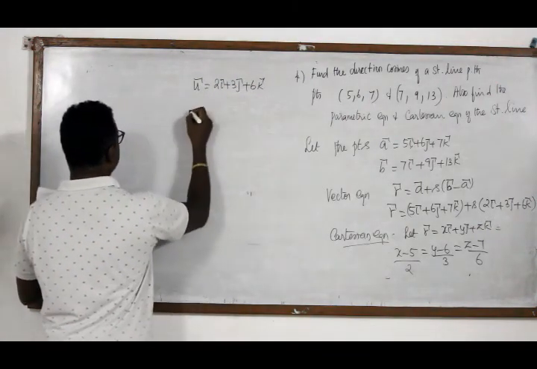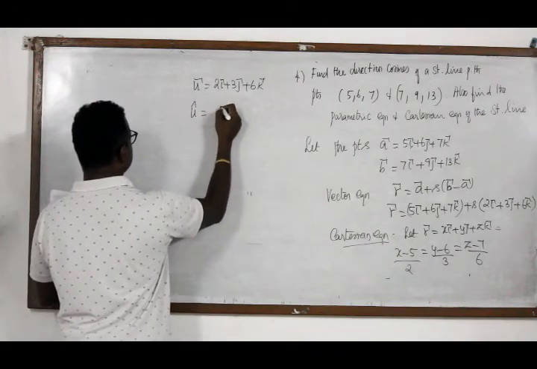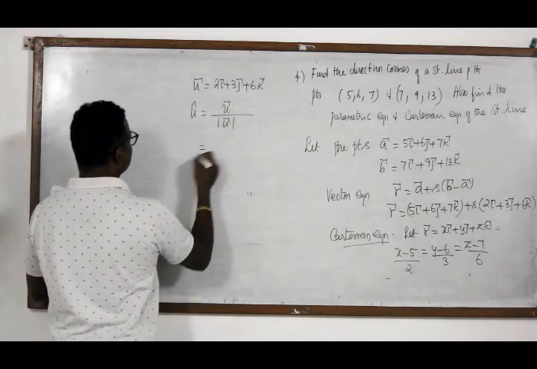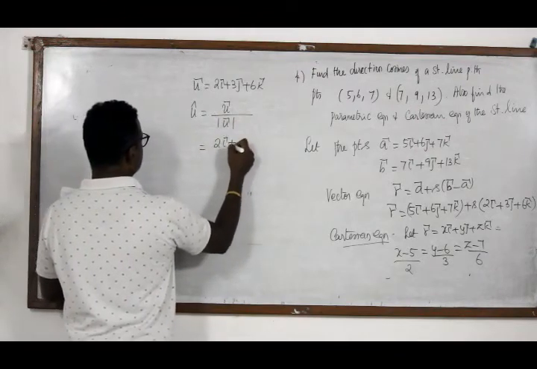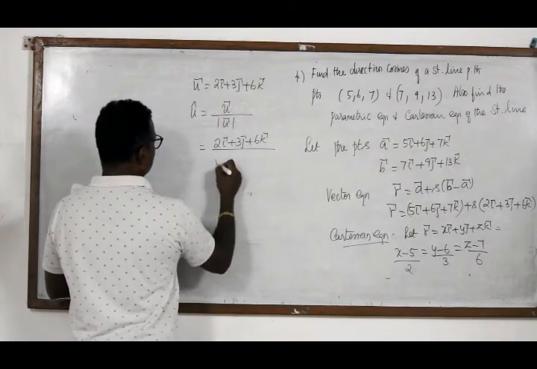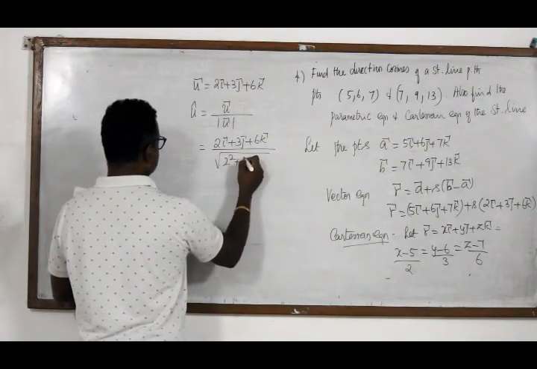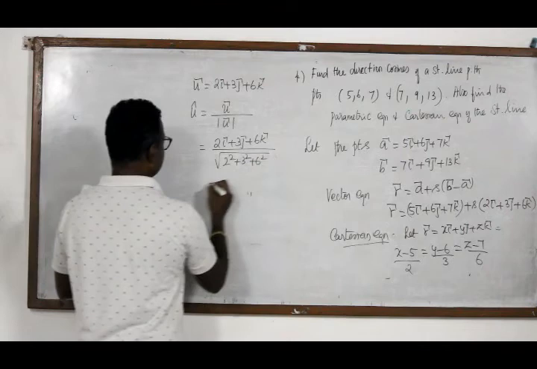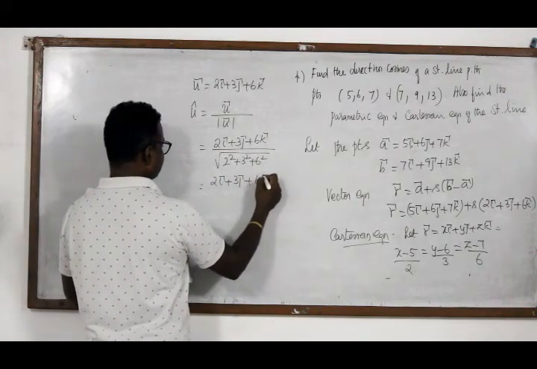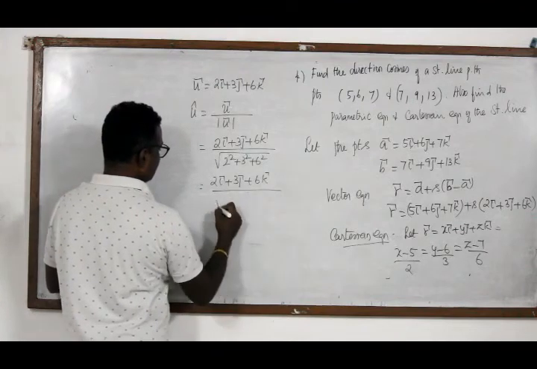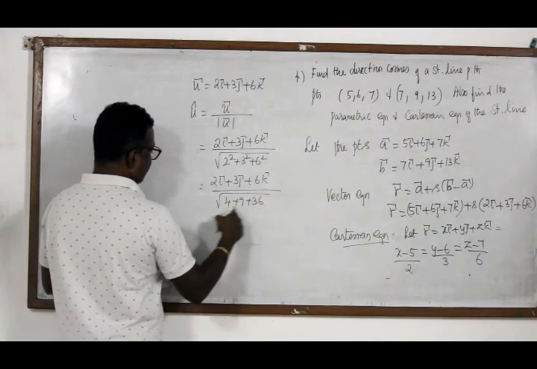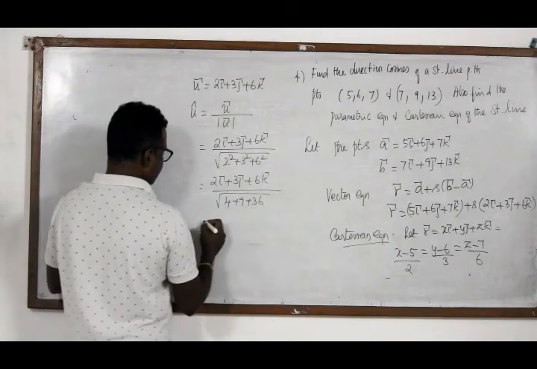Now, we shall find u cap. U cap means u vector by modulus of u vector. That is its unit vector. So, (2i plus 3j plus 6k) by root of 2 square plus 3 square plus 6 square. It is (2i plus 3j plus 6k) by root of 4 plus 9 plus 36. 49, root 49 is 7.